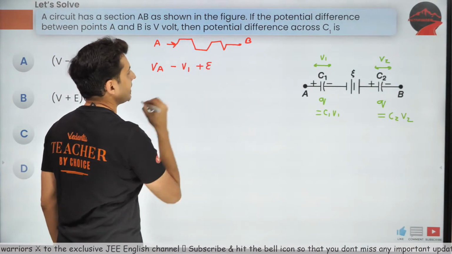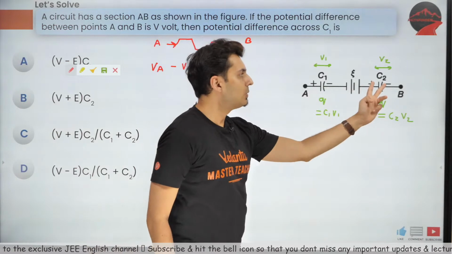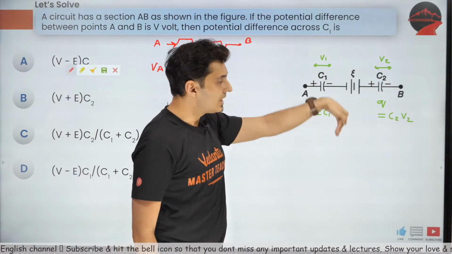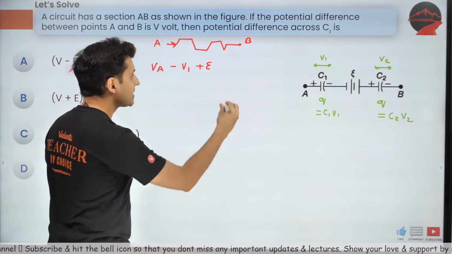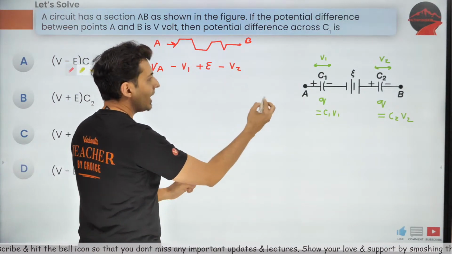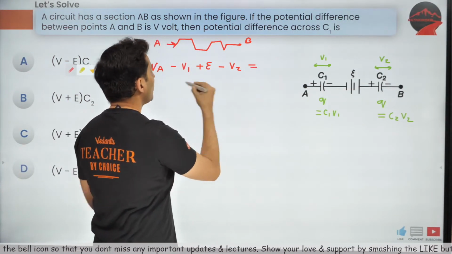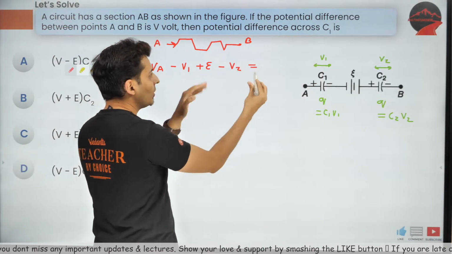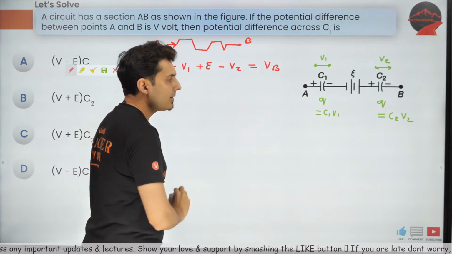So it will be plus E. Next, you encounter this capacitor. You are going from positive to negative. That means there is a drop, so there will be minus V2. And finally we reach B. So whatever increases and decreases happen, the total sum of the voltages will give me the potential at point B.